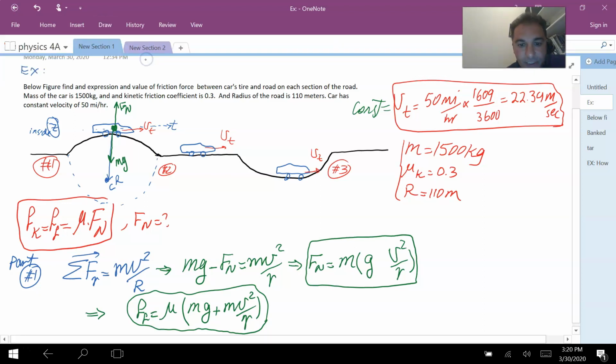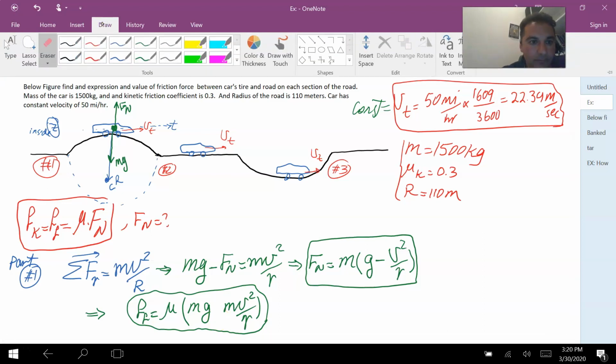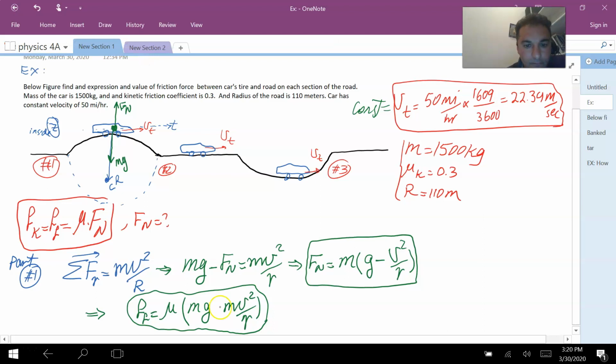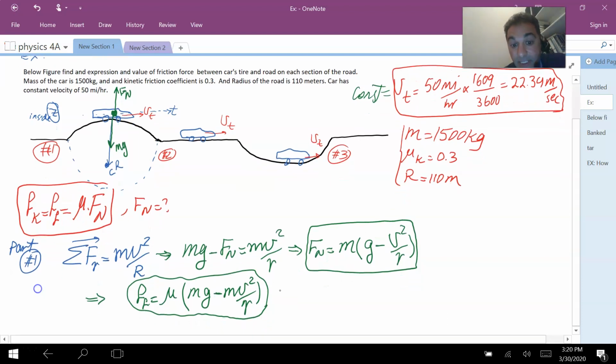So this will be mg. Fn is mg minus that, correct? There you go. Now we can find the value. So this is an expression actually. So if I find the value, mu is 0.3, m is 1500 times 9.8, correct?